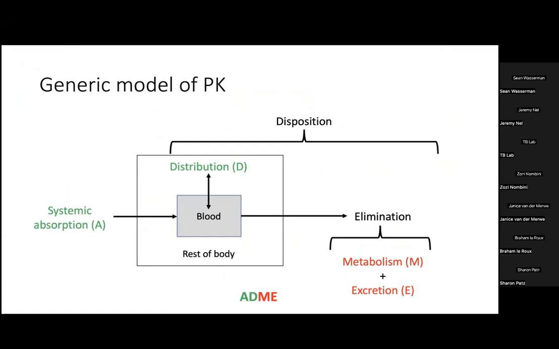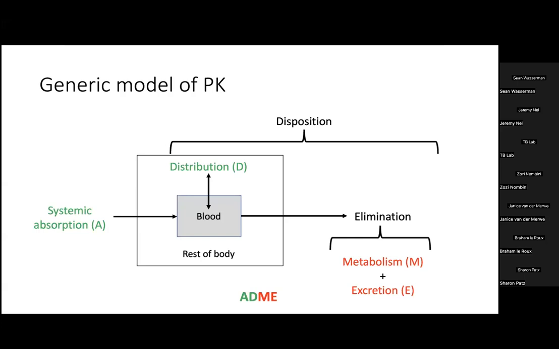And we need a model to understand complex processes. It's very helpful. And there's really only 4 components to a PK model, which I'm sure everyone has heard of, and I'm going to get into detail in each of these separately. Firstly, systemic absorption is required. Then the drug goes through some disposition process, which is made up of distribution from the central compartment, the compartment that we measure, which is the blood, to the rest of the body.